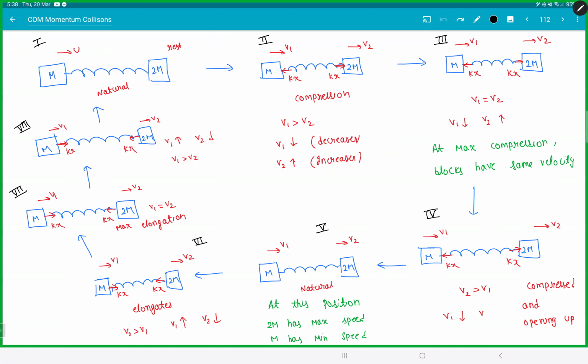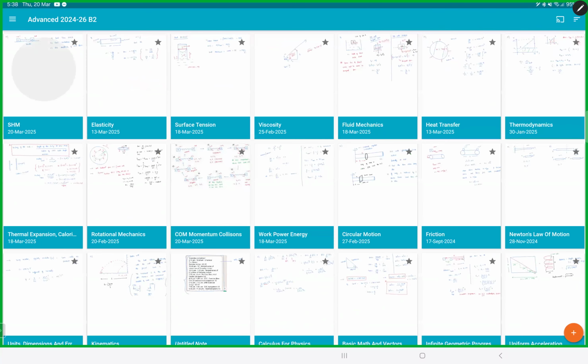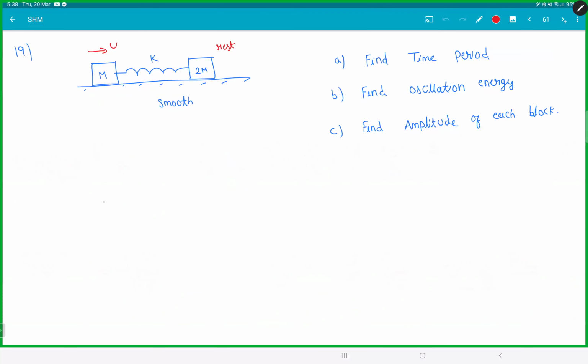So how will the blocks move? What will happen to the speed? We did a lot of stuff on this. This is page 112. So the velocity of block m will change, the velocity of block 2m will change, but there is someone who is going with constant velocity.